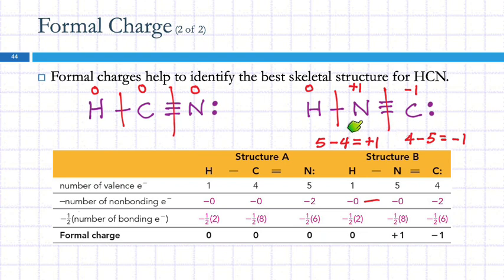But this shows us that this carbon would have more electron density in this molecule, and nitrogen would have less, whereas here things are shared more equally. They're spread out better. And so because all the formal charges here are 0, these are lower than those numbers, this is the better structure.